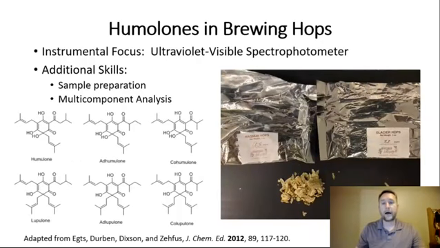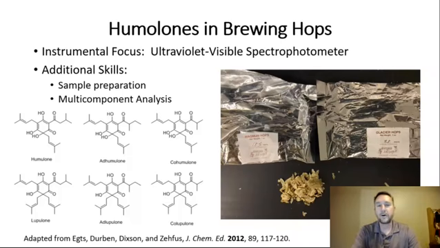So I'm going to start with the humulones in brewing hops. This is really one of the very first experiments that the students engaged in toward the beginning of the semester that allowed them to connect natural products to chemical instrumentation.